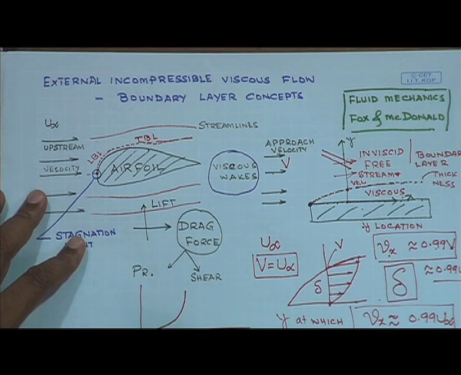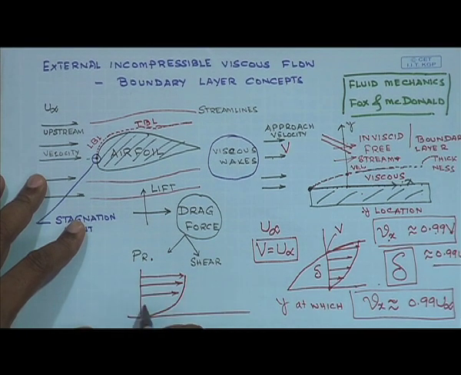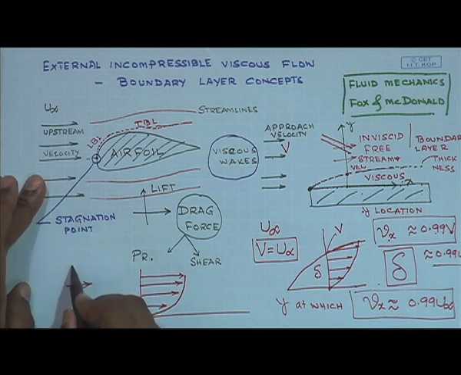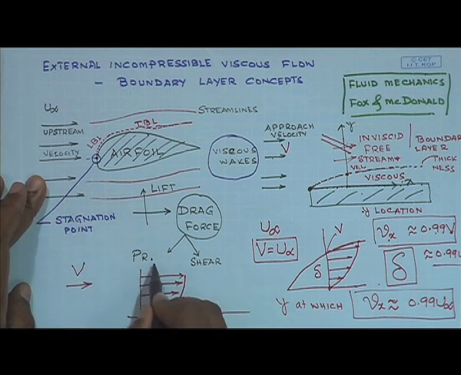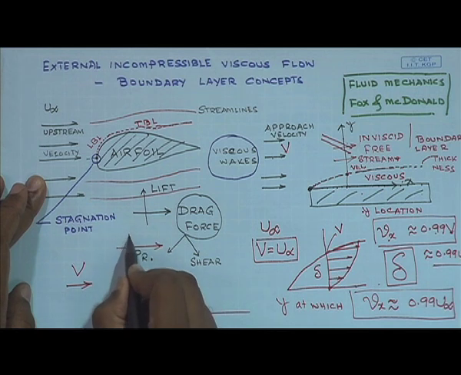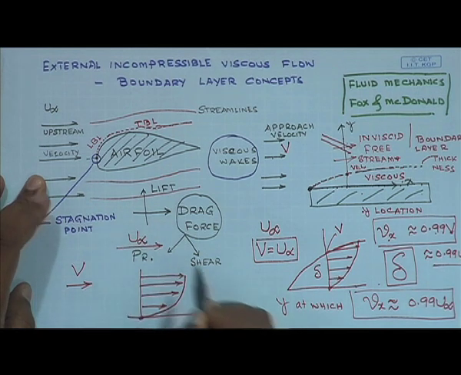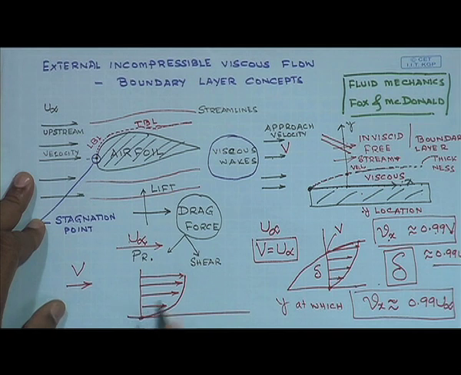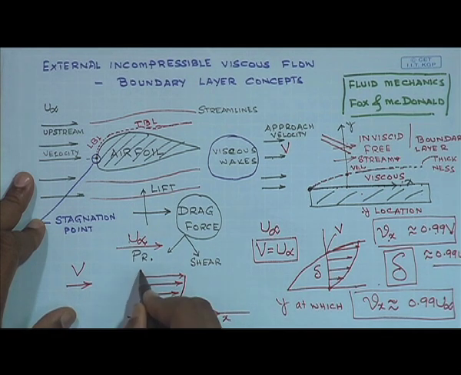If I draw the velocity profile, it is going to start at a value equal to 0, and then this is your approach velocity, which is denoted by v, and over here I have the free stream velocity, which is denoted by u infinity. That means the velocity in the x direction at a very large distance from the plate. This is the x direction and this is the y direction.